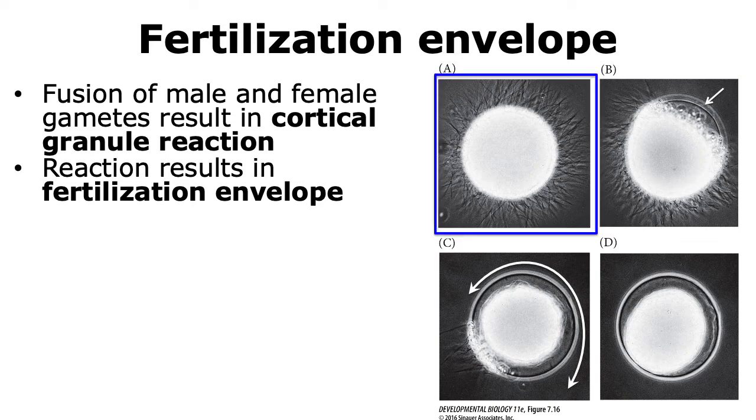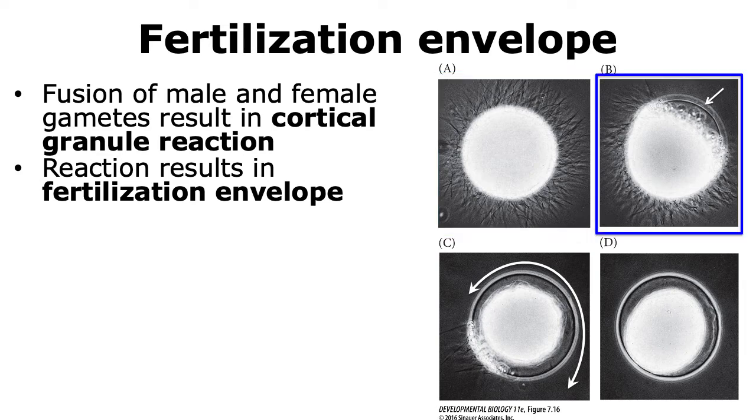So when we look at the figure in the blue box, we're able to see a white-colored egg and many sperm that are surrounding the egg. Where the arrow is shown, that is where one sperm has been able to fuse its plasma membranes with the egg cell plasma membranes. Due to this, we are able to see in that region the formation of the fertilization envelope.